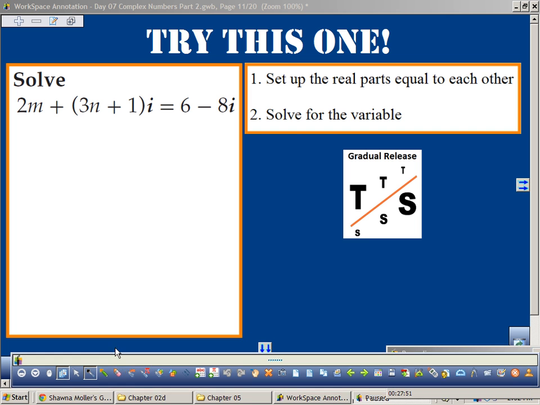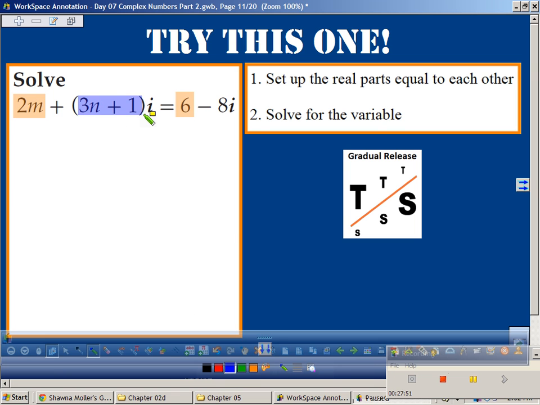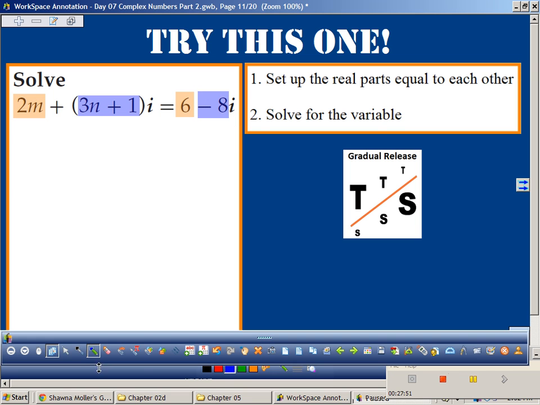This one was a little bit more ambiguous. I've got 2m is equal to, what's the part over here? 6. And 3n plus 1 matches negative 8.